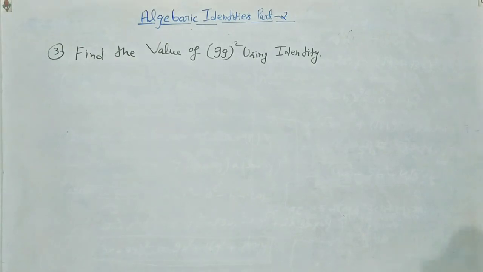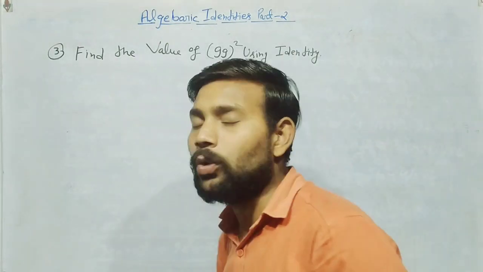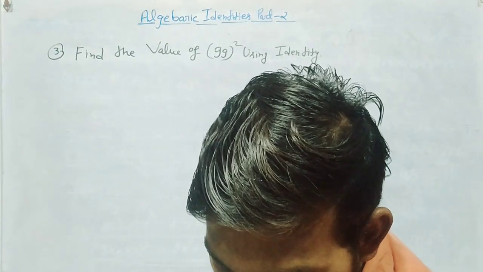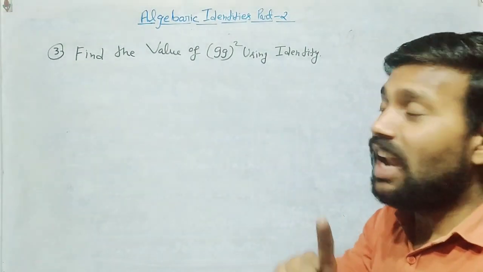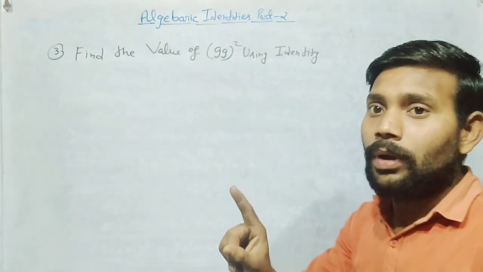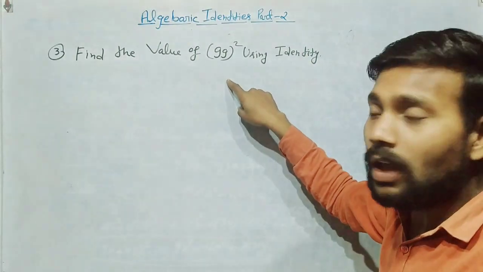By using identity, we have to find the value of 99 to the whole square, using identity, not direct 99 into 99. No, I can do this, but here we cannot do.